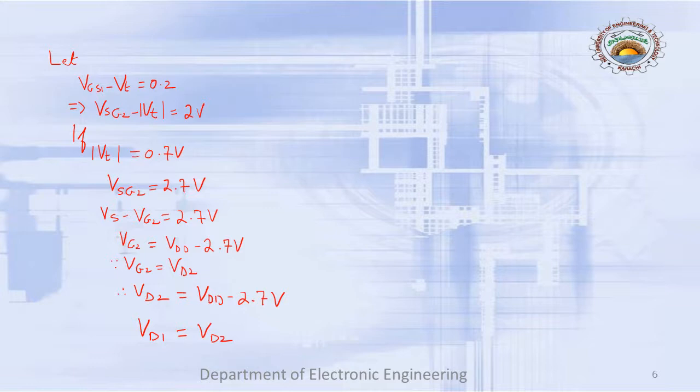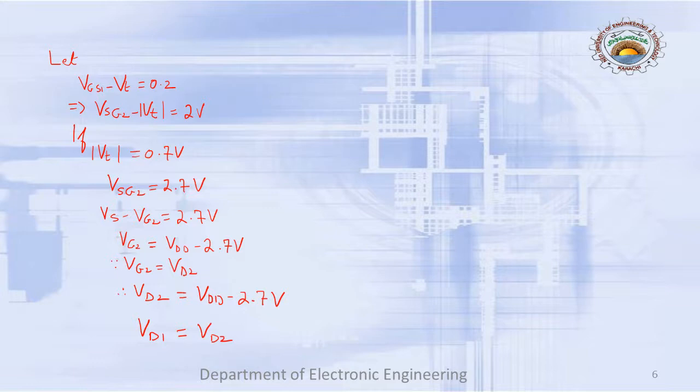Usually threshold voltage is low, and even if you assume something like 0.7 volts, it's a fairly practical value. It means that VSG2 is equal to 2.7 volts. So we are talking about the N2 transistor, and this means that the source potential minus the gate potential is equal to 2.7 volts.